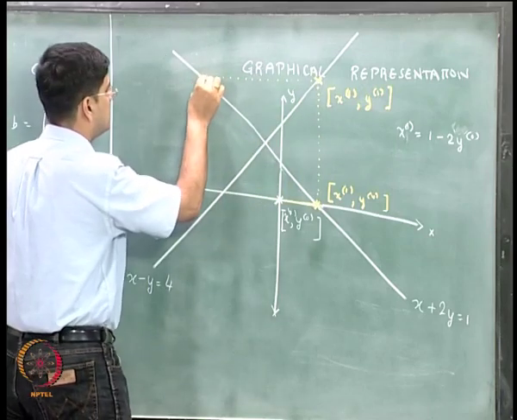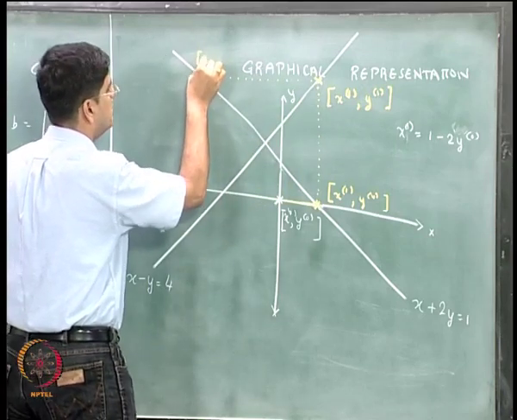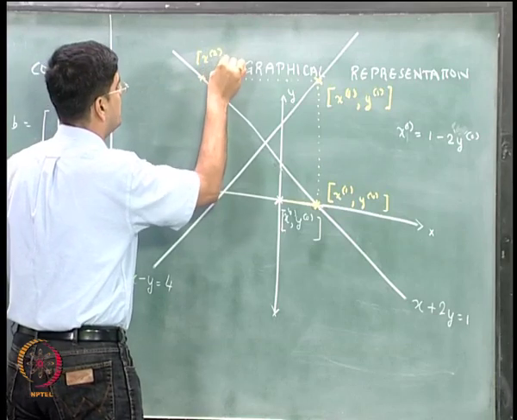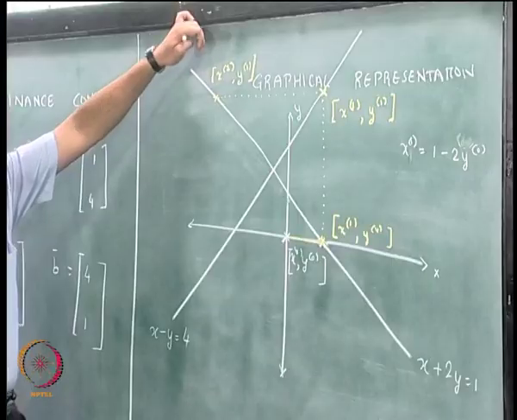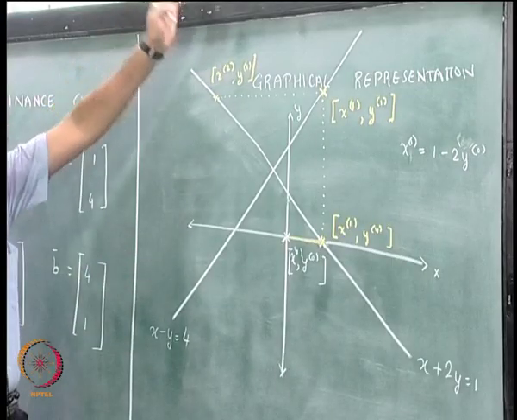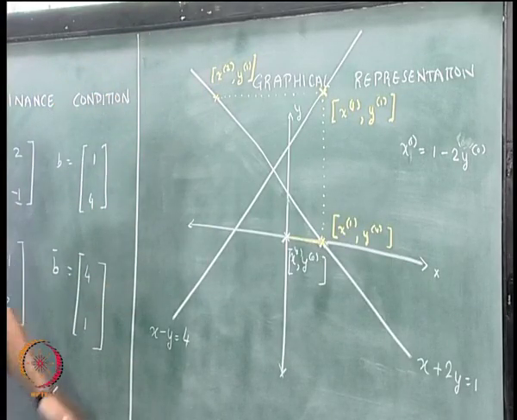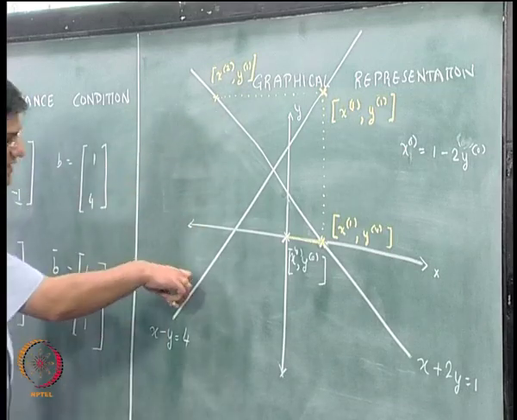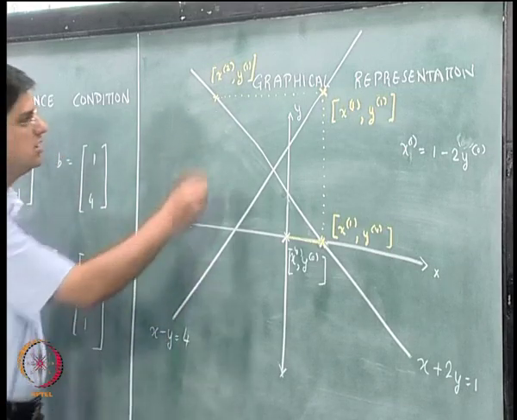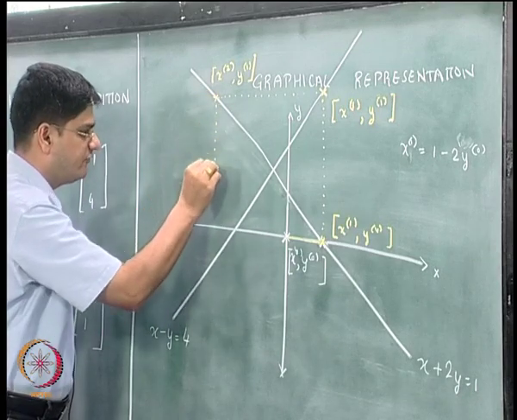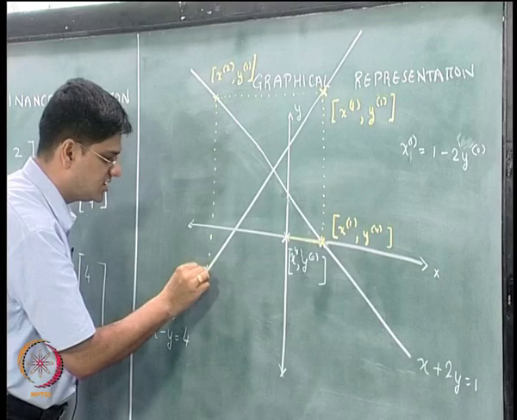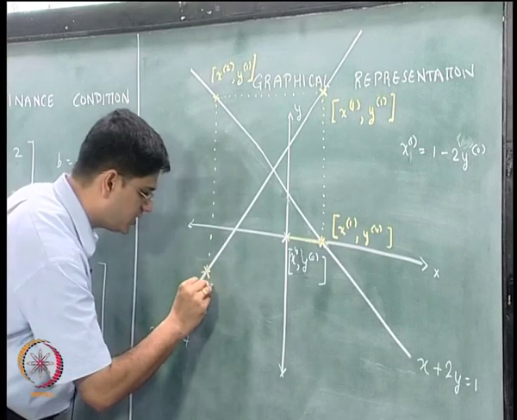So this point is (x2, y1). Now we keep the value of x2 the same, so we go along the vertical line and find where it intersects this particular curve. When we project, we reach this point, which is nothing but (x2, y2).